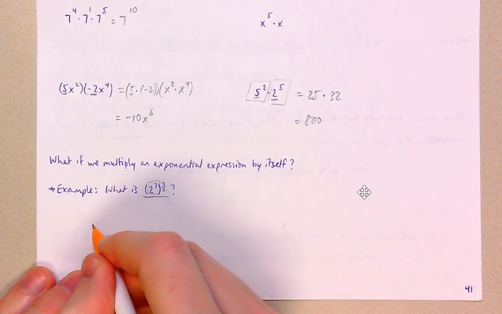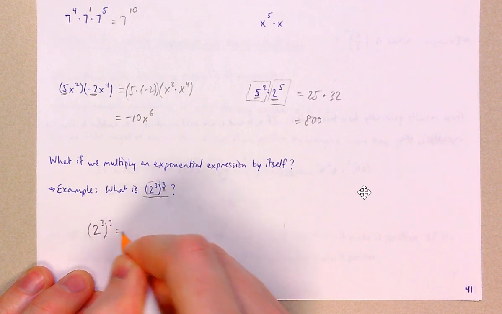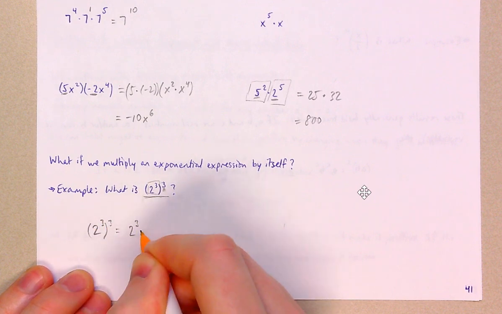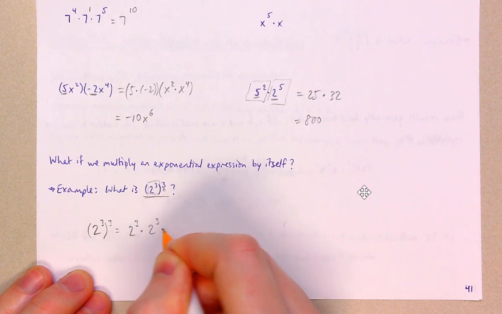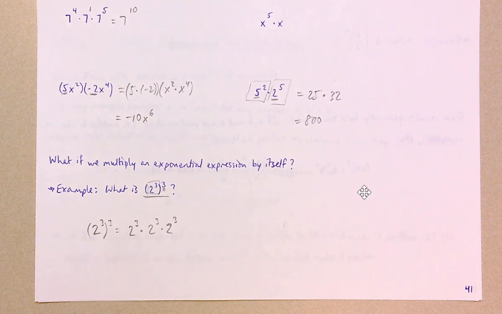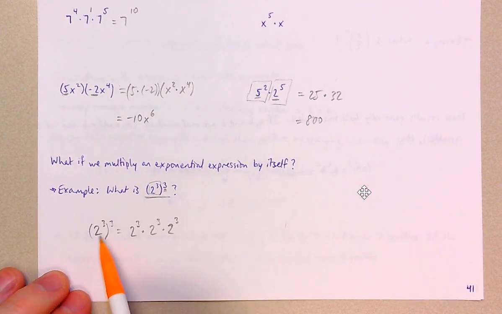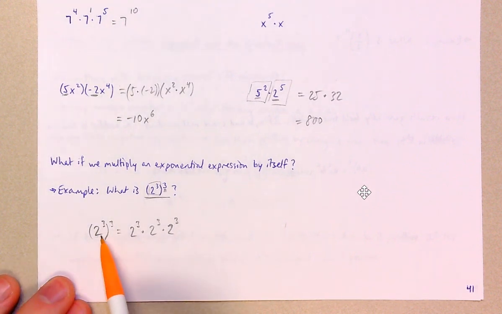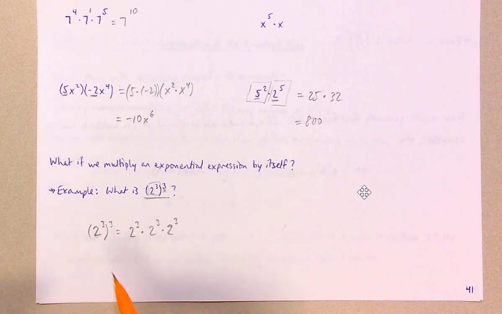So that's going to give me 2 to the third, 2 to the third, times 2 to the third. That's just the definition of what this is saying right here. It's saying take this thing here and multiply it by itself that many times.